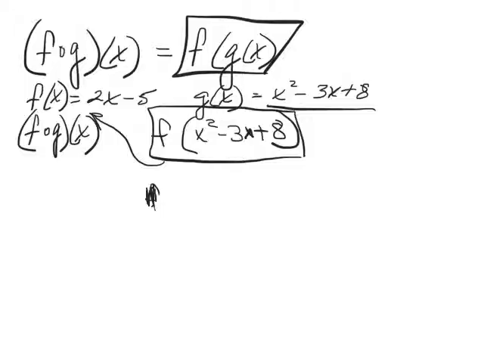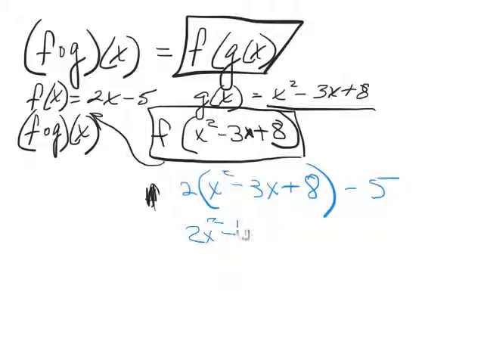We're going to have 2 times x squared minus 3x plus 8, minus 5. So all we did is take this and put it in place of x here and ended up with this whole thing here. And your job then is to distribute and get 2x squared minus 6x plus 16 minus 5, and that will turn into 11, and you will be done.